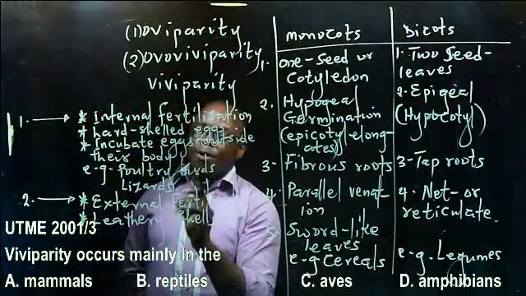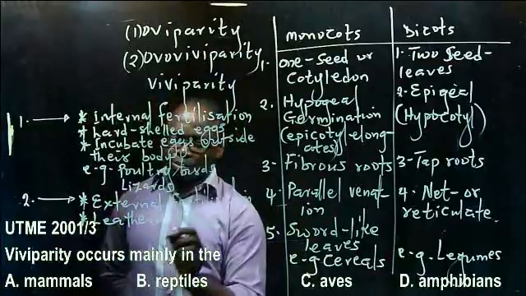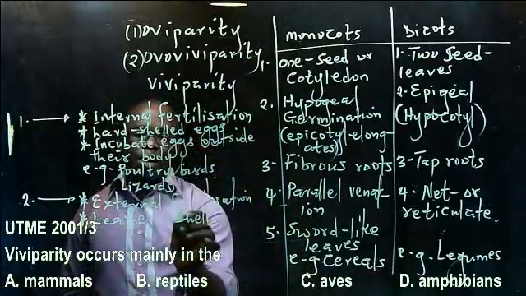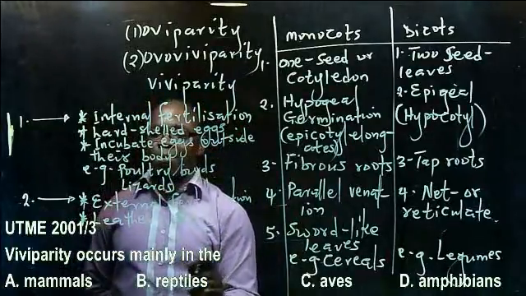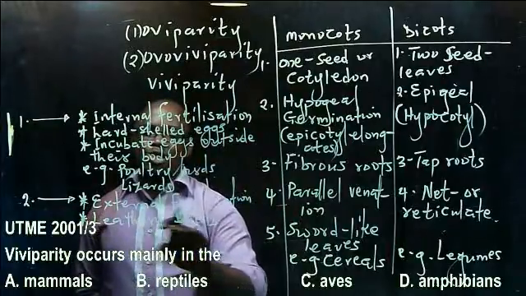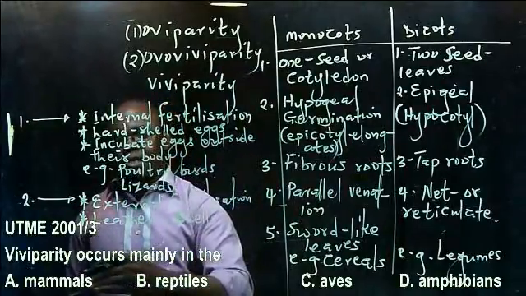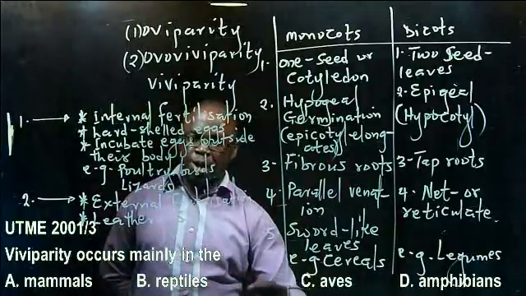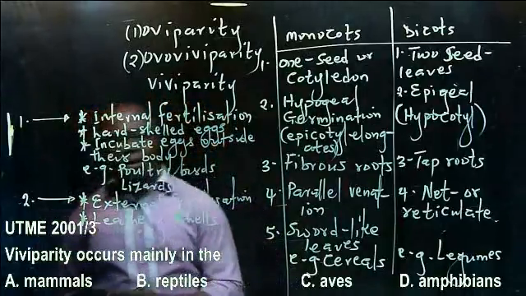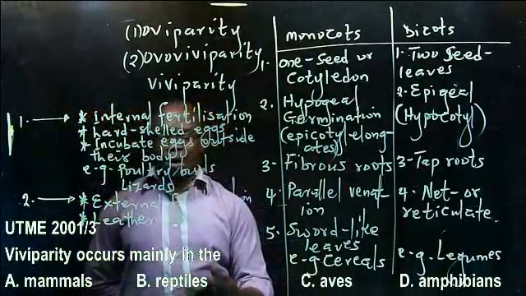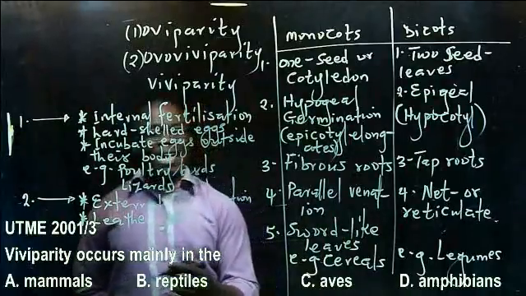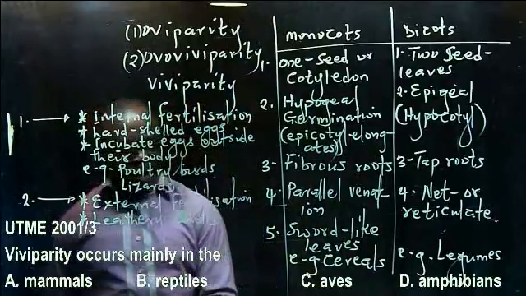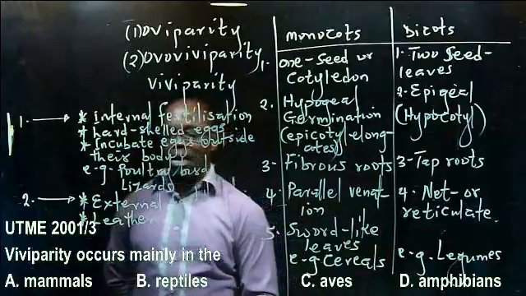Now, two things we need to know here. It is not in all cases of ovoviviparous animals that we have leathery shelled eggs incubated in a jelly string. Now, we also have cases of ovoviviparity in some group of animals that exhibit internal fertilization and the eggs are incubated within their body.